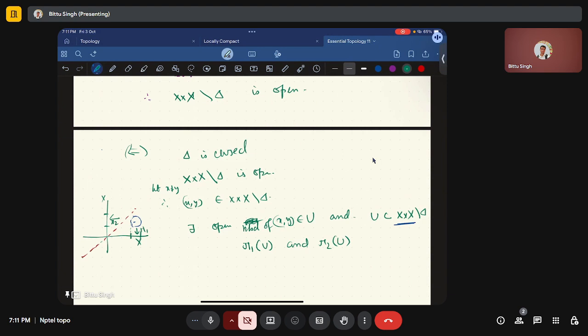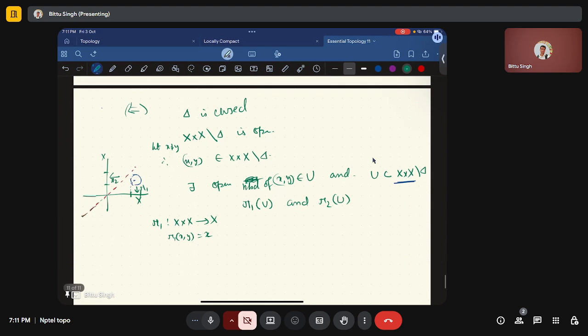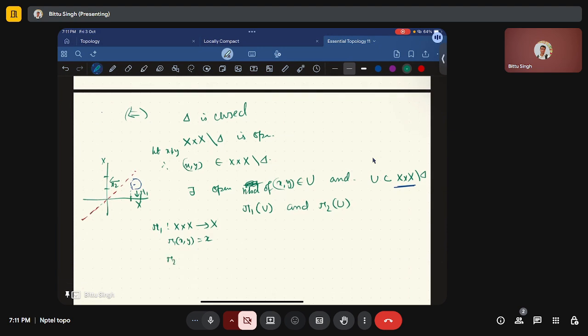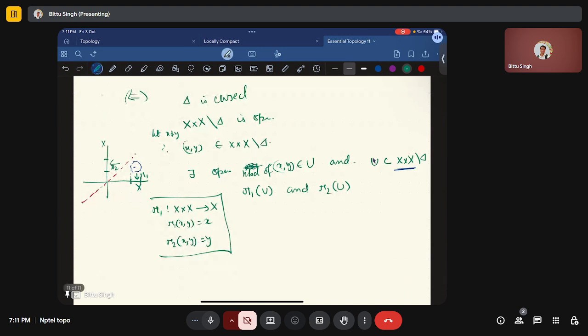So pi 1 is the projection X cross X to X defined by pi 1 of (x, y) equal to x. Similarly, pi 2 of (x, y) is y. Those are continuous.